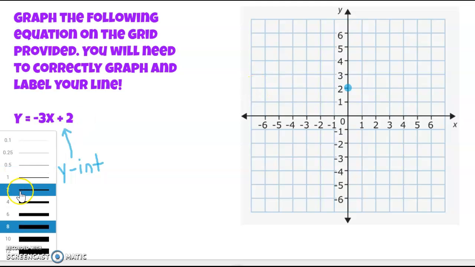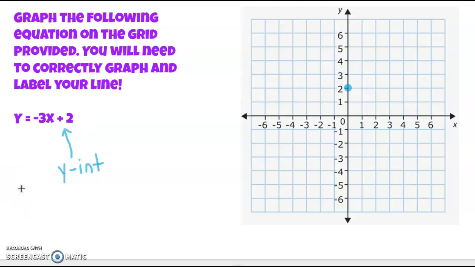Then it says that I need to graph my slope. Now my slope is -3, because my slope is always the number that's right in front of the x. What I like to do is take that slope and change it into a fraction, because by doing that, this is my rise and this is my run, and I now have a method of plotting those points.